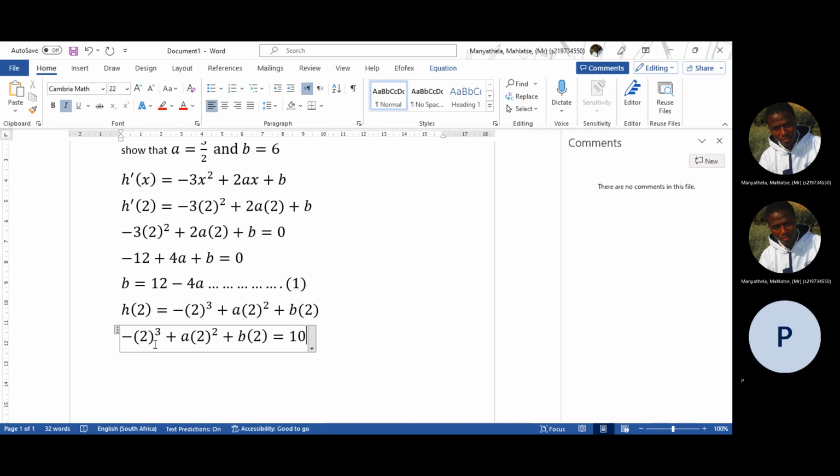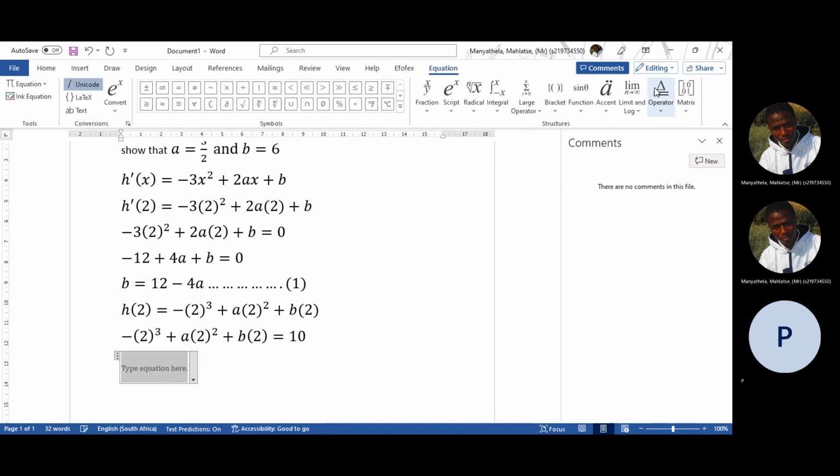It gives me 8. And then 2 squared is 4, and 4 times a is 4a, plus b times 2, which is 2b. So 8 plus 4a plus 2b is equal to 10.